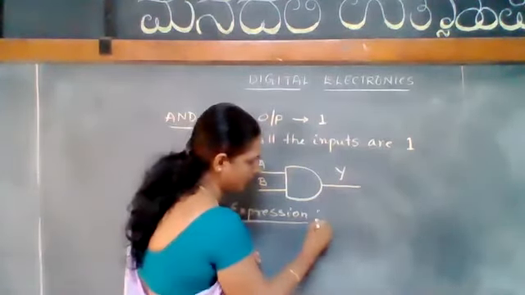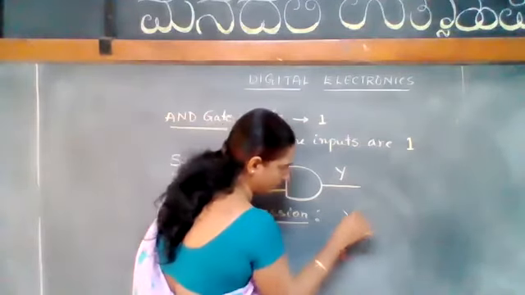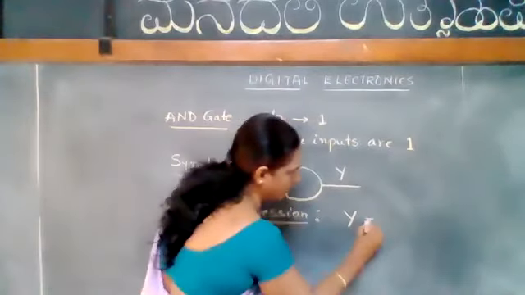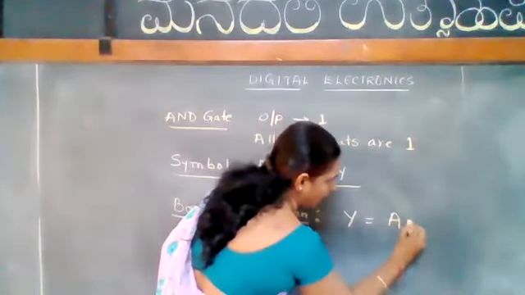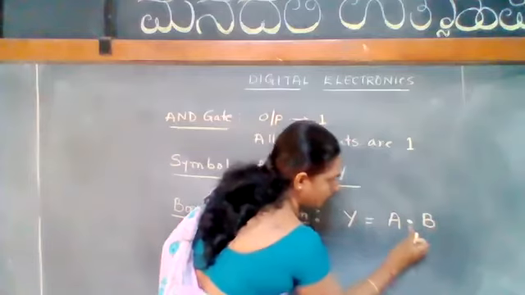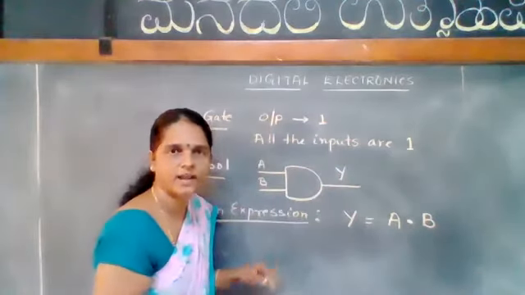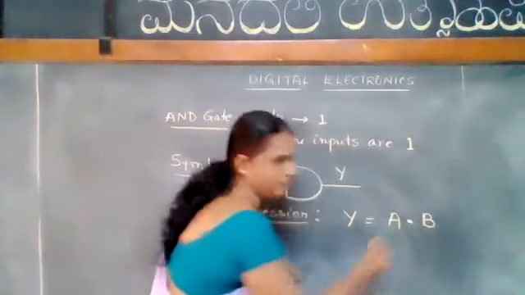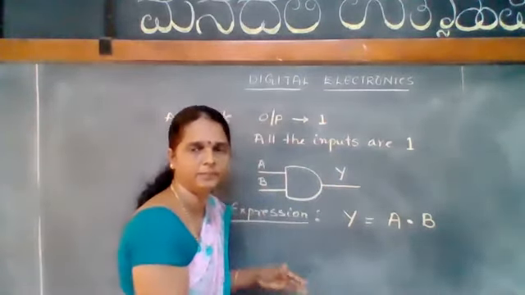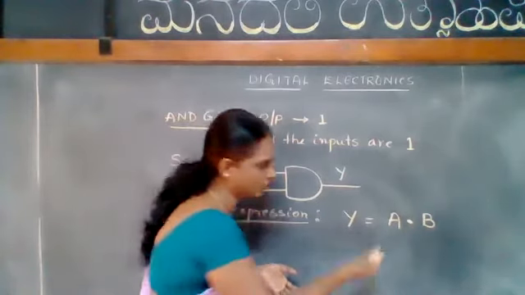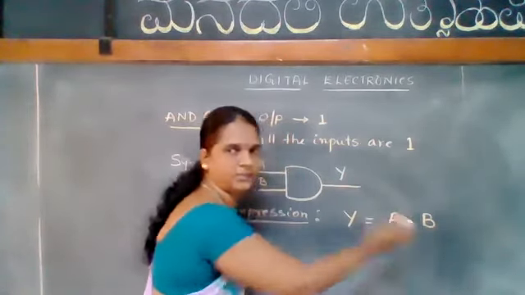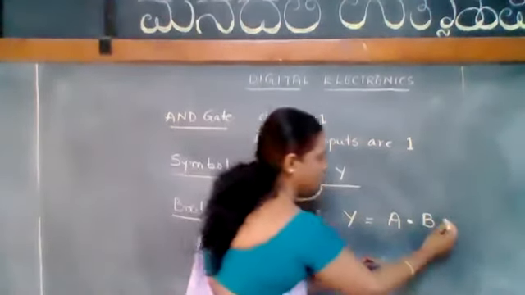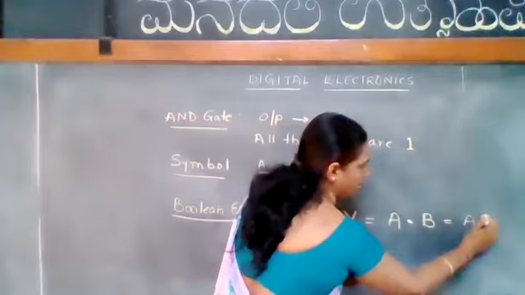So for the output, we have to write Y is equal to A ANDed with B. This dot is said as ANDed with B, or A multiplied with B, A dot B. So Y is equal to A dot B, A ANDed with B, or simply you can write it as AB.